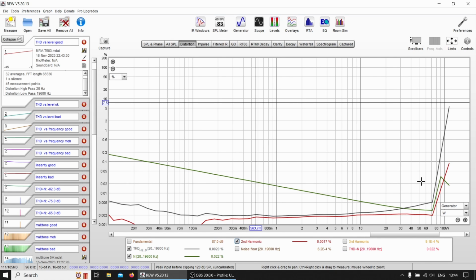So we can see that this graph, THD versus level, in most cases is going to be dominated by noise at the lower power levels and dominated by THD at higher power levels. We will see different percentages of this. In some amplifiers it could be slightly different, but this is very typical.